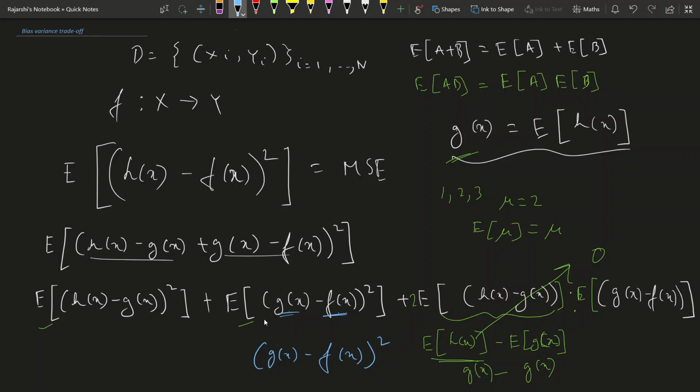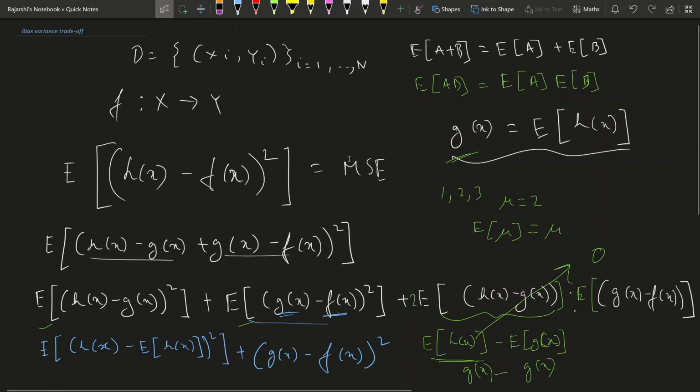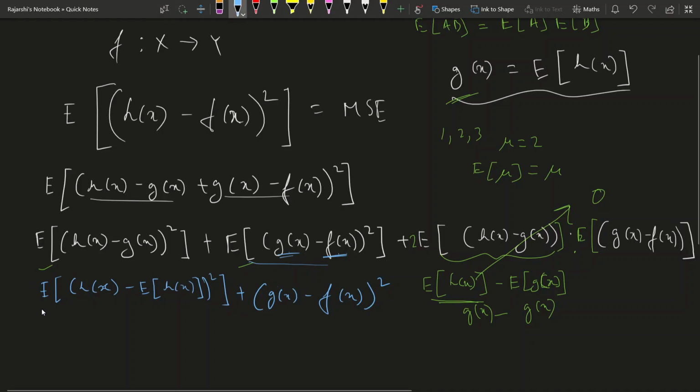So similarly, this will be nothing but g of x minus f of x, whole square. This whole idea will be cleared if I show you the example, which I will soon. Now this one, if you take a look, is nothing but h of x minus the expected value of h of x, whole square, plus this.